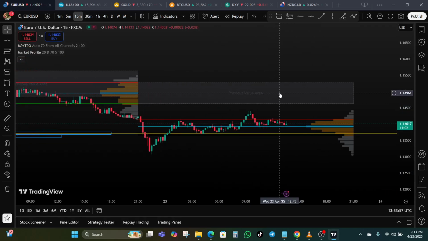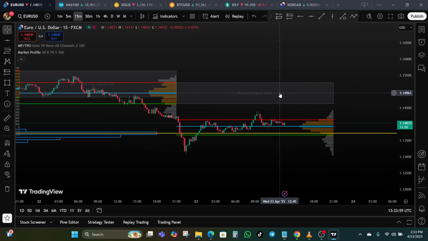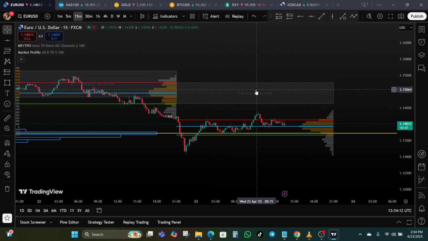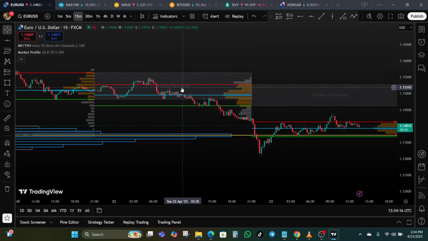There are a lot of indicators available here, some of them might have limited information, others might have more information. So I want you to understand that the value area is the place where 70% of the volume occurred. You can see this particular indicator is showing us the previous value area, so it means that 70% of the volume occurred within that area. It represents the fair value zone of the session.